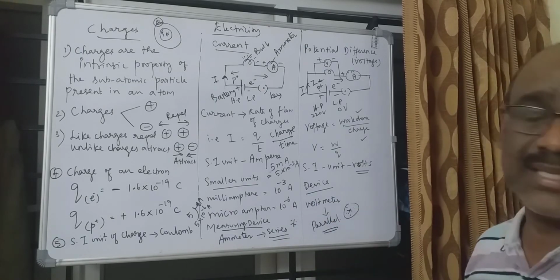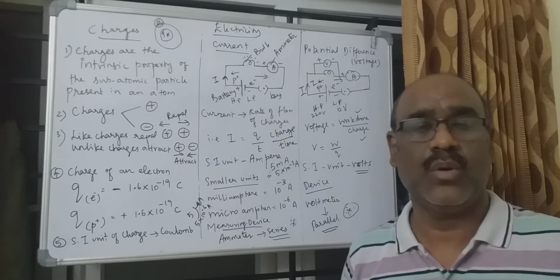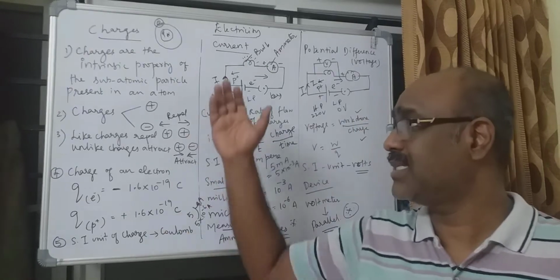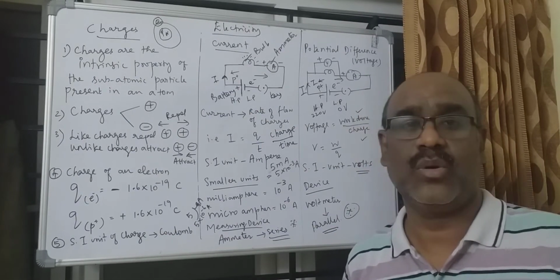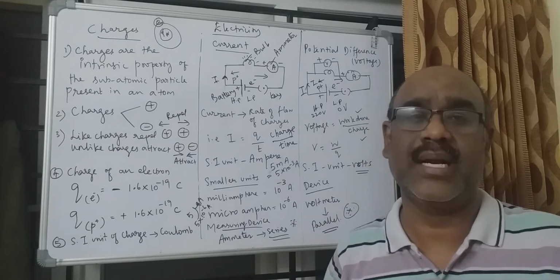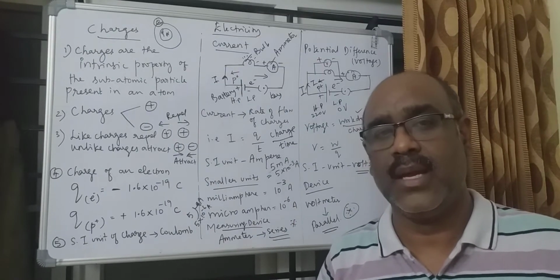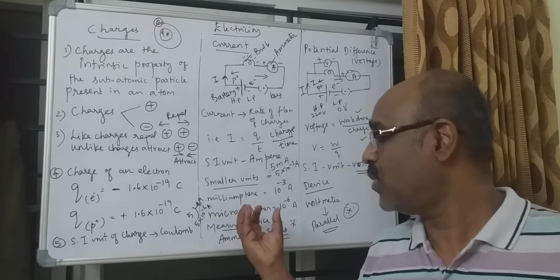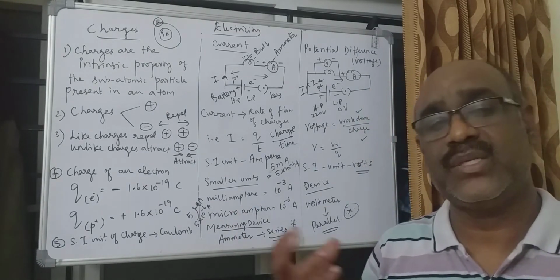So these are all the basic things which you should know while studying the chapter electricity. We should know what a charge is, what current is and what the direction of flow of current in a circuit is, what instrument is used to measure the current, and what the smaller units of measuring the current are.